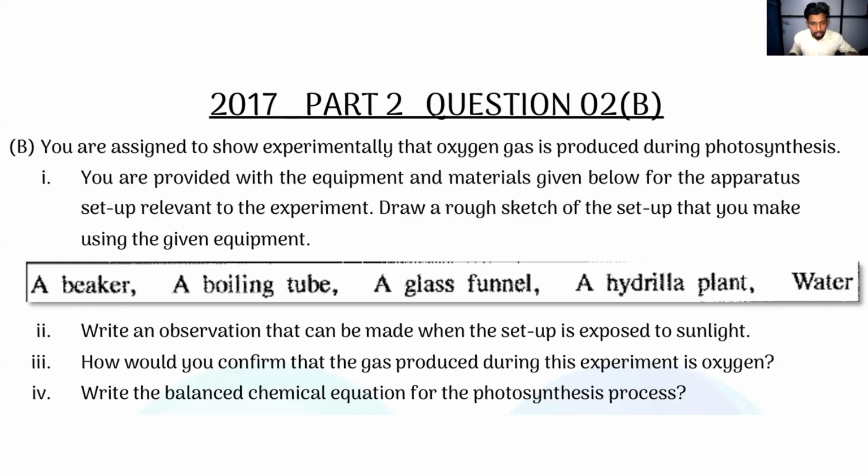Here, you know how to draw the setup, right? Here we have the beaker. Now I'll use another color pen to draw the conical flask. When you're doing this practical, I said to keep a small stand, right?